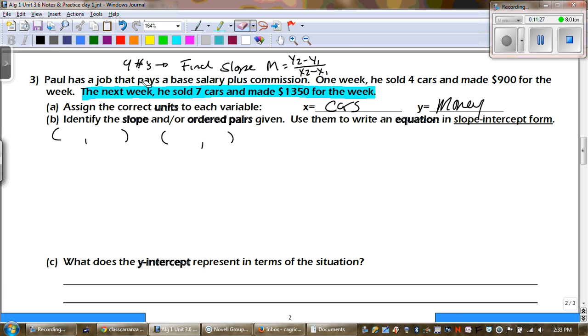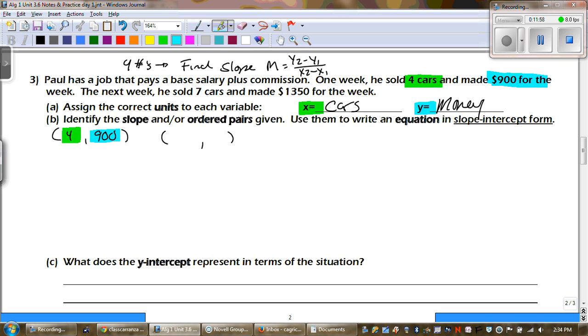So I'm going to look at the first one, that gray one. X is going to be our cars. Y is our money. So he sold 4 cars and made $900. Okay. Oops, sorry, that's supposed to be blue. So 4 and 900.